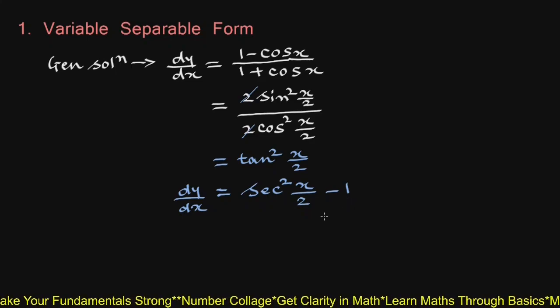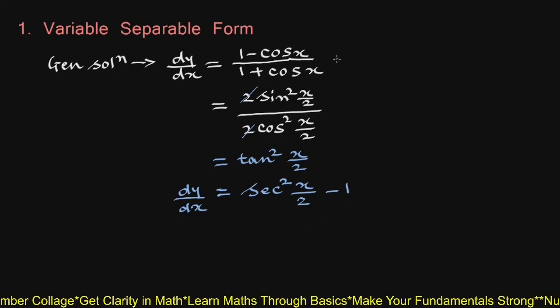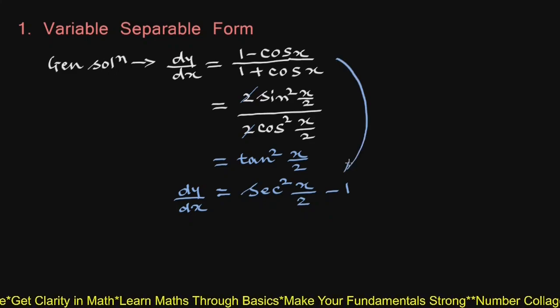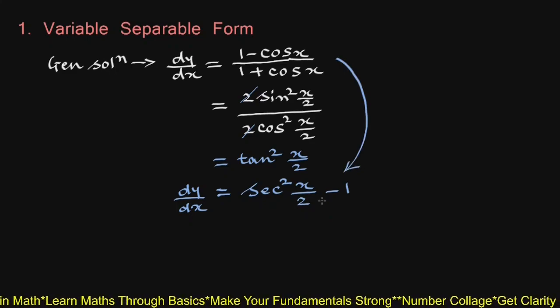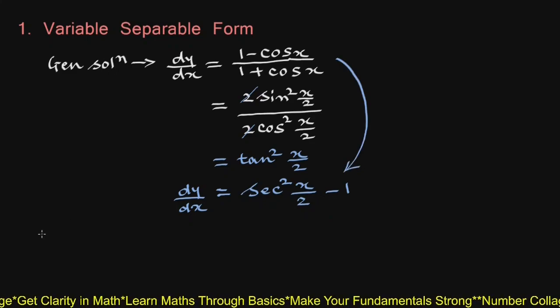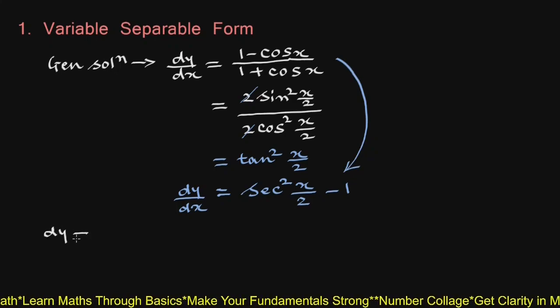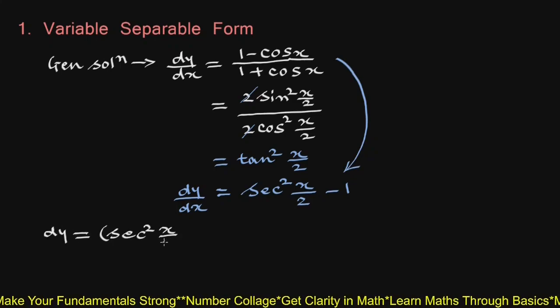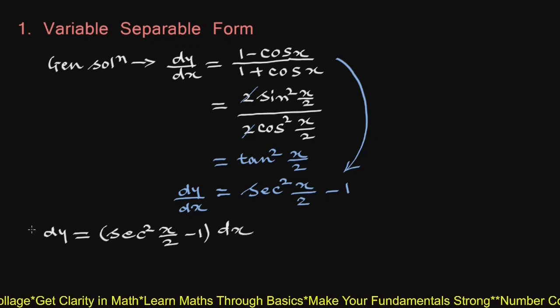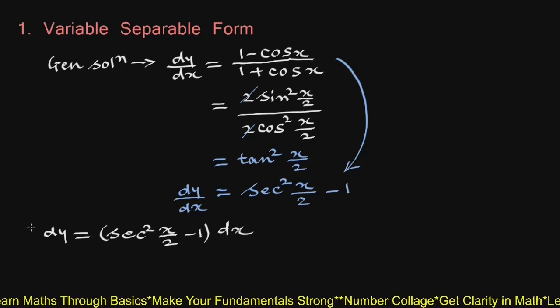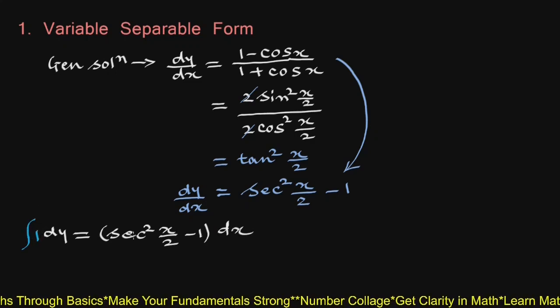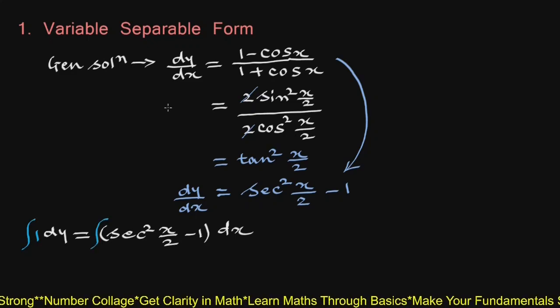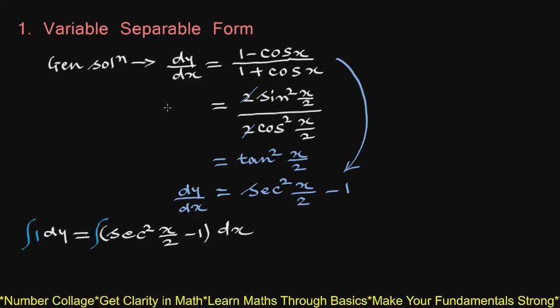Now the purpose of doing all this is to convert this function into an integrable form, sec square x by 2 minus 1. So this will be dy equals sec square x upon 2 minus 1 dx. Now we can integrate this. So this will be integral 1 dy equals integral sec square x by 2 minus 1 dx.